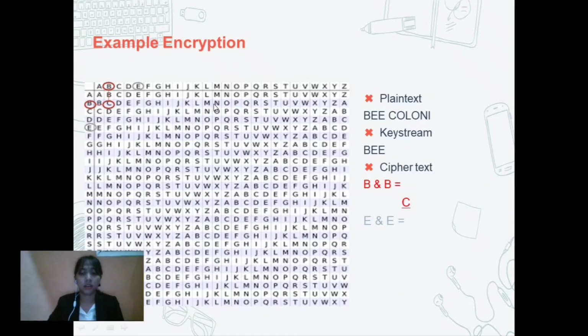As in the first procedure, from the x-axis to the y-axis, just find the letter, then look for the intersecting letter of each two. It is letter I. So E and E is equal to I.